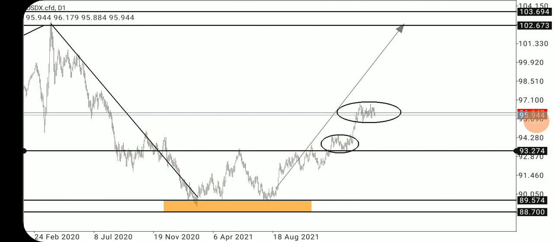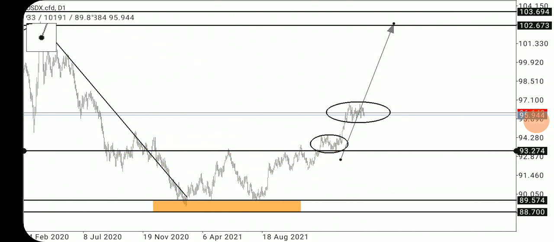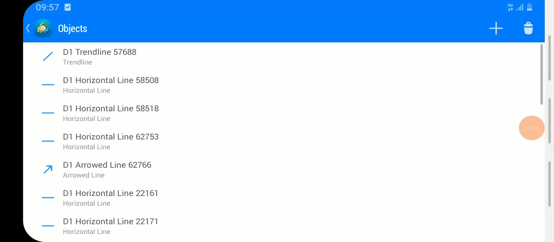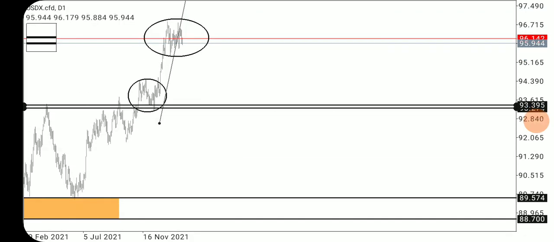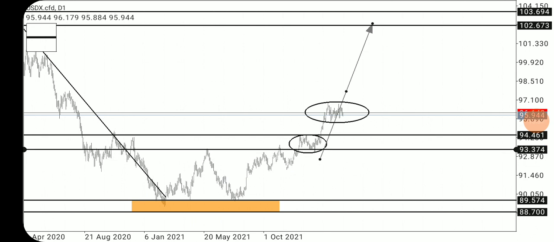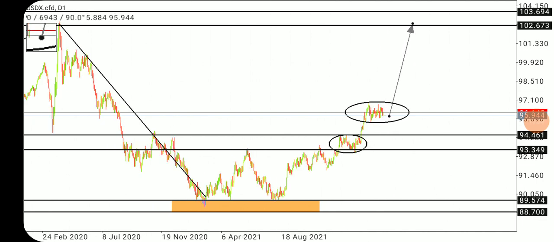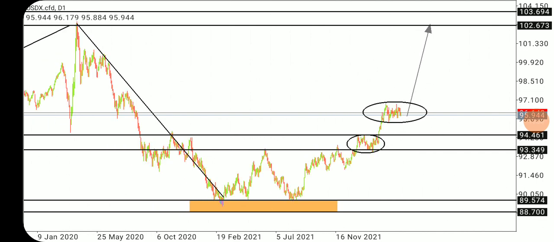We are right here, right? So what I'm saying is we are still going up with this movement.